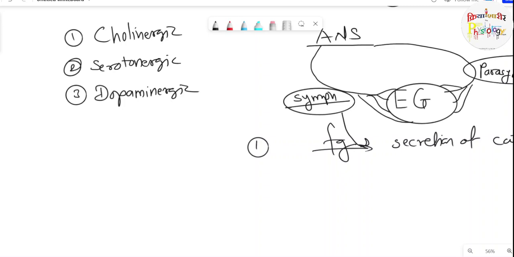Also, in neural control, hormone secretion can be initiated by various stimuli.